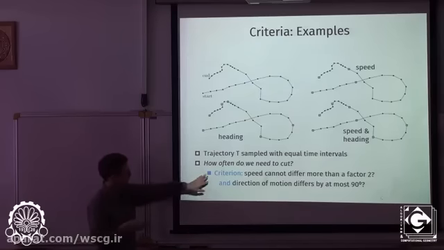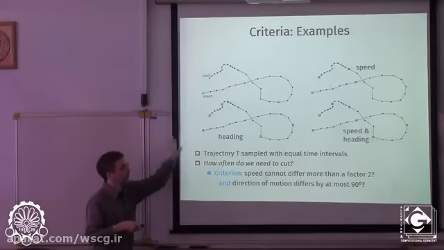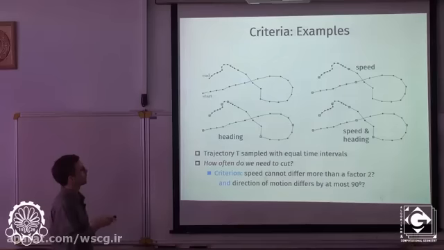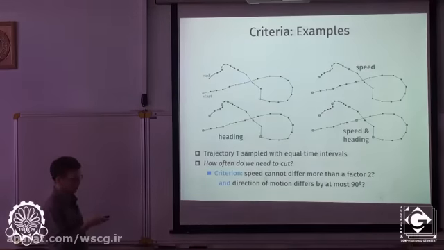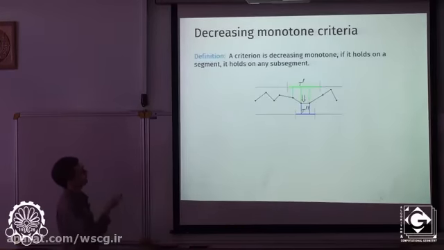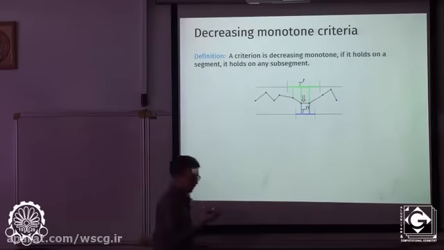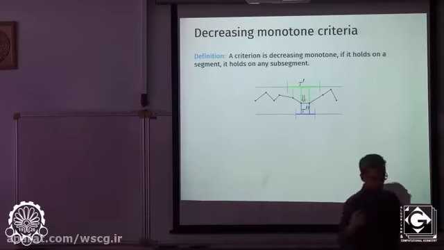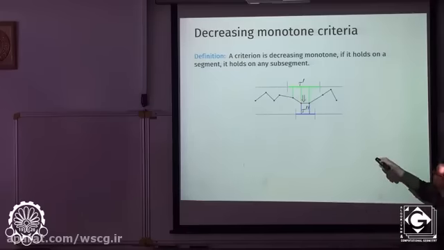And if you look at the criteria which I discussed so far, or in my examples, then they all have something in common, and that is that if a criterion, for instance on this part of the trajectory, my criterion of speed, that the speed is at most a factor of 2 apart, is valid on this part of the trajectory, then it will also be valid on any smaller part.